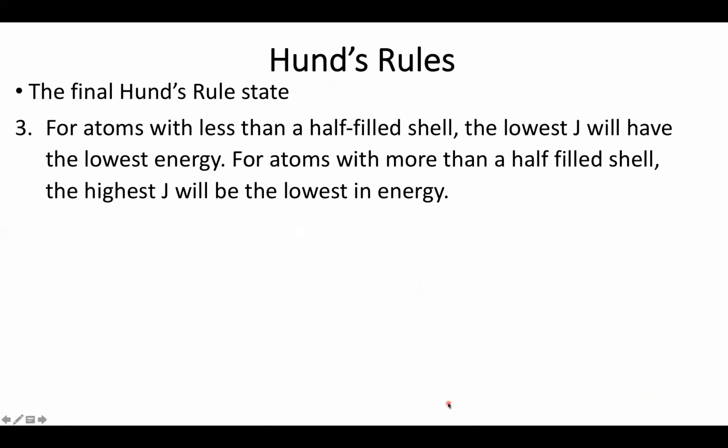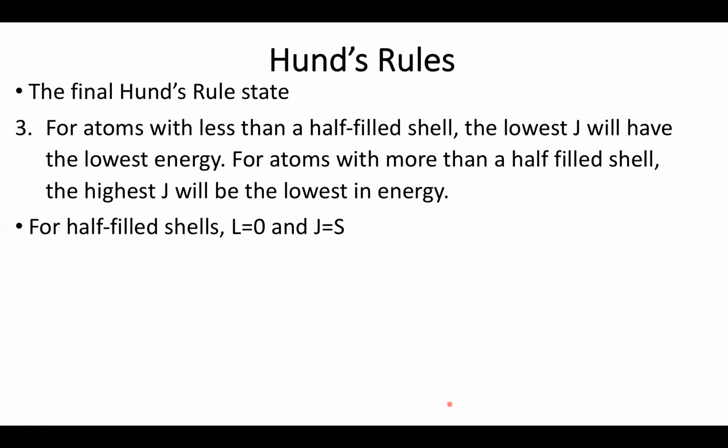This is our final rule, and it states that for atoms with less than a half-filled shell, the lowest J value will have the lowest energy. If I have more than a half-filled subshell, then the highest J will have the lowest energy. Now you'll note it says nothing about what happens for a half-filled shell.